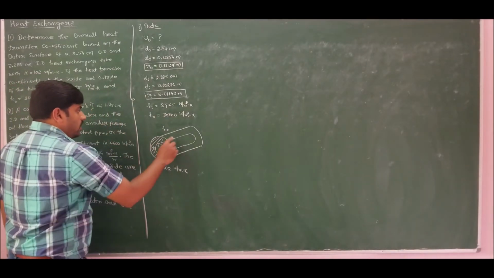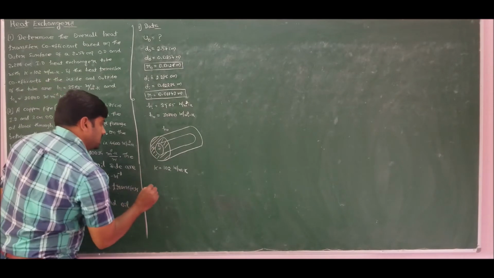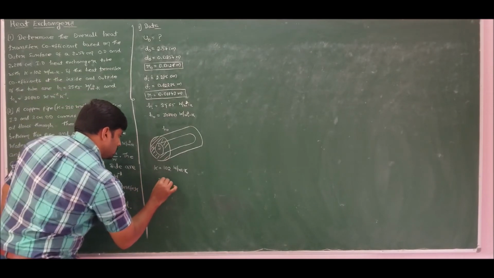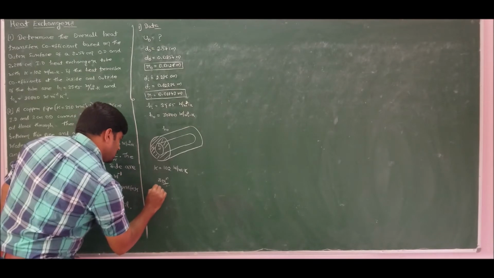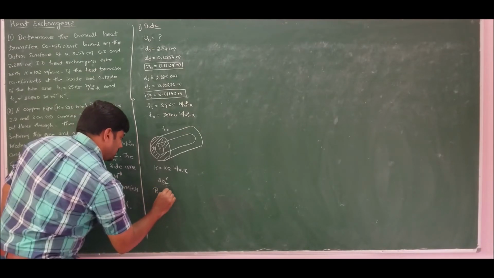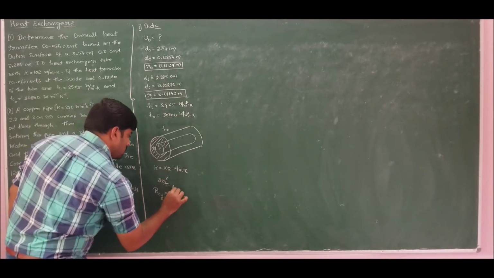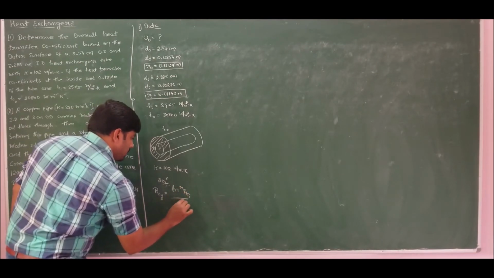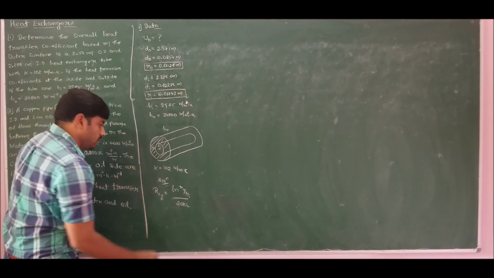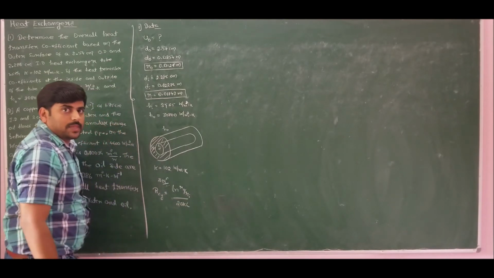Now for cylinders, we know that the resistance of a cylinder due to conduction is given by ln of R0 by Ri divided by 2 pi KL. For convection, you know that it is 1 by hA.